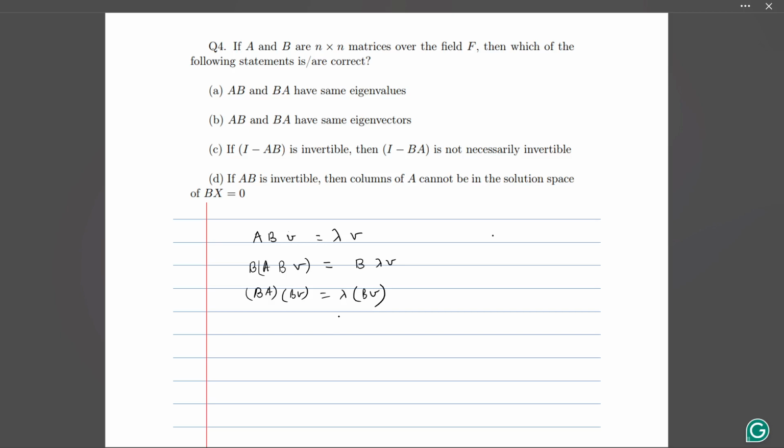So if B is a non-singular matrix, then because v was non-zero, Bv will be non-zero and lambda will be an eigenvalue of BA, corresponding eigenvector Bv.